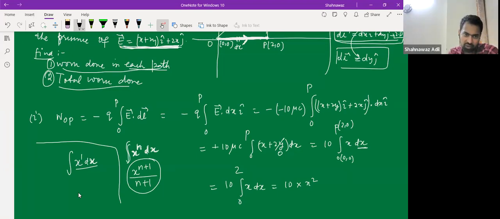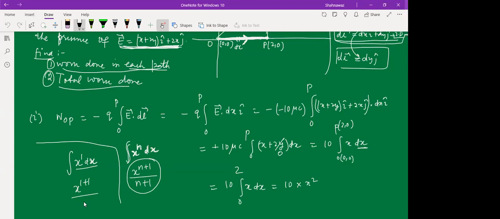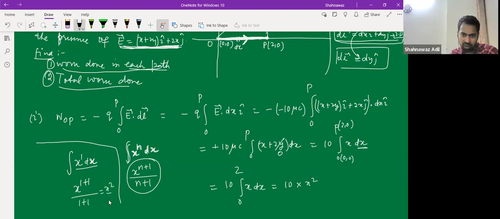So 1. So the integral would be x^(1+1) divided by how much? 2. 1 plus 1, right? So this would be x square by 2. So the integral of x is x square by 2, and we place the upper limit and lower limit. Upper limit is 2 and lower limit is 0, right?